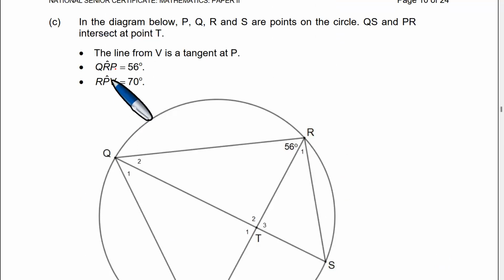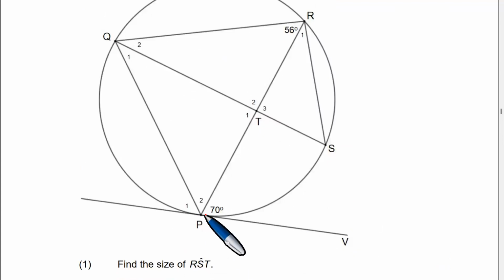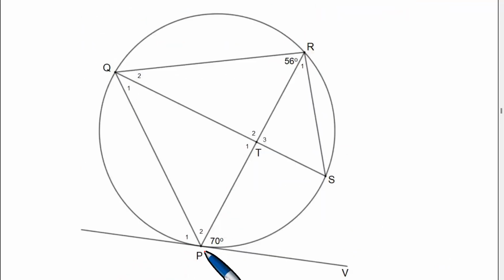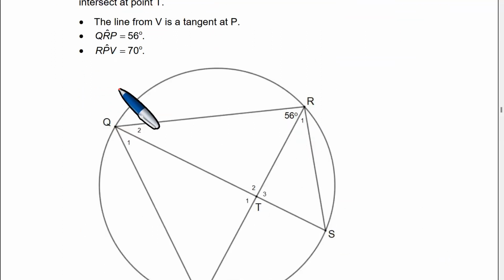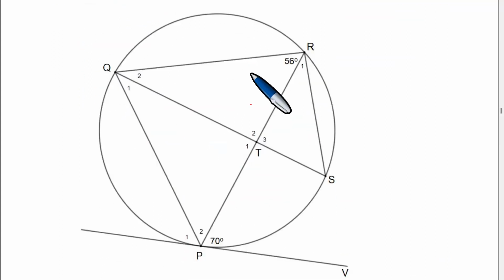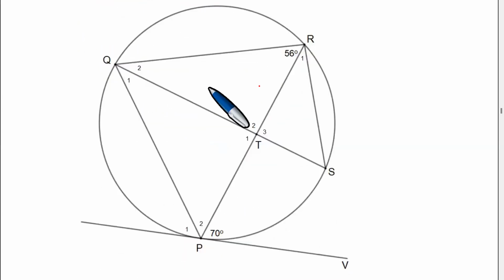Obviously, at this point, you have been given that the line from V is tangent at P. Okay, so you're dealing with a tangent here. And also you have QRP is 56 degrees. What else? RPV is actually 70 degrees, okay, there.